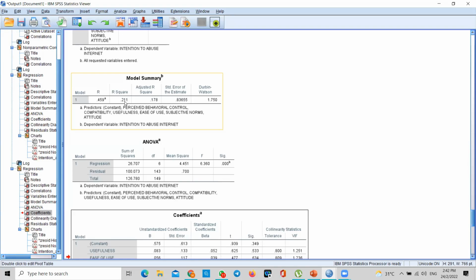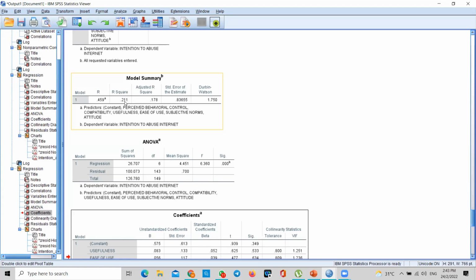But if you are doing a study using a questionnaire in management or marketing, R-square is expected to be even 40% or 50%, if you capture a good number of variables in the framework. It does not mean you need a lot of variables in the framework. It means you have to capture the right variables, and that will help you increase the R-square. So this is the explainability of the model, the explanation power of the model.